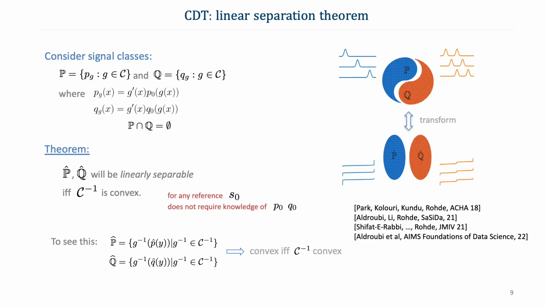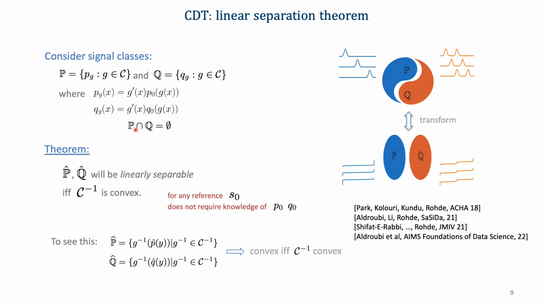So now we can summarize this discussion about convexity and linear separation in what we call the linear separation theorem, where we consider two classes of signals, capital P and capital Q here, where the elements of P and Q are defined via composition of some randomly sampled confound functions, which belong to some kind of set of one-to-one functions, which we call C here.